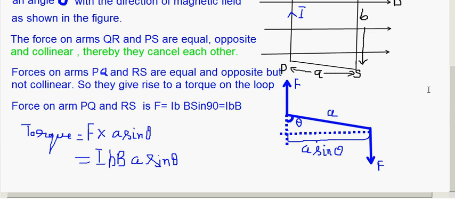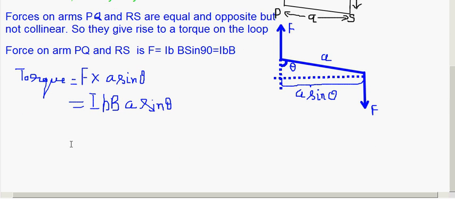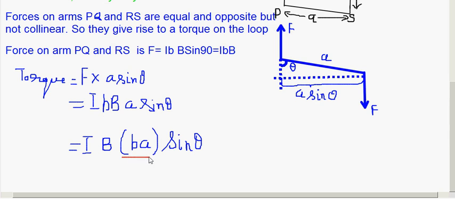Now this can be written as I B into, I will write BA together, sine theta. And now this BA can be replaced by A, which is equal to the area of the loop, because A into B is the area of the rectangular loop, length into breadth.